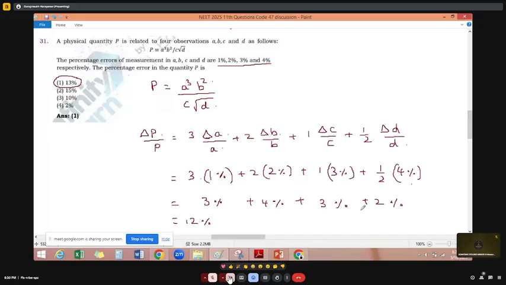I think maybe they made a mistake here, or maybe something wrong in the powers here. Okay, maybe I'll double check that later. Anybody else, if you find something, you can let me know. Maybe they typed this question paper wrongly. Possible, quite possible.